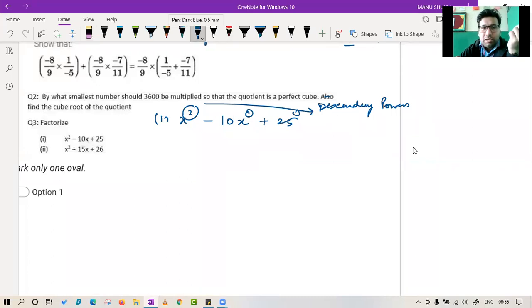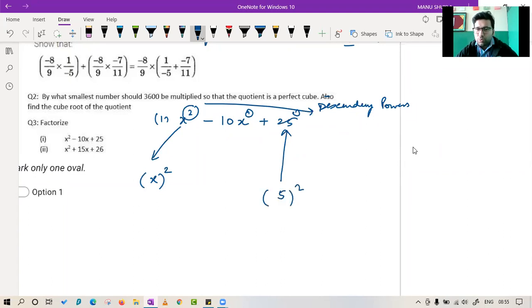So let's see. Yes, it is simply a minus b square. We can see this x square is actually coming from x whole square. This 25 is coming from 5 square.